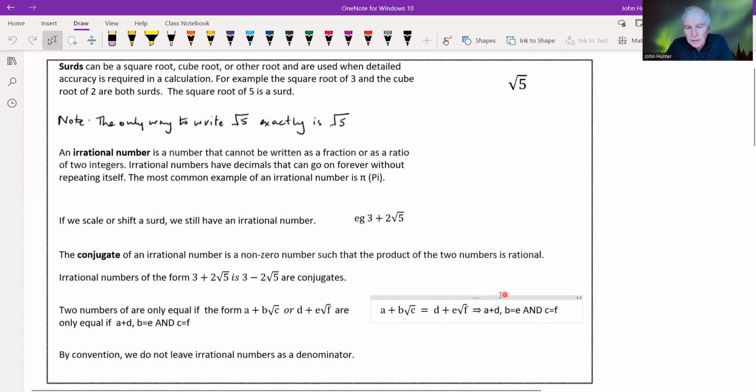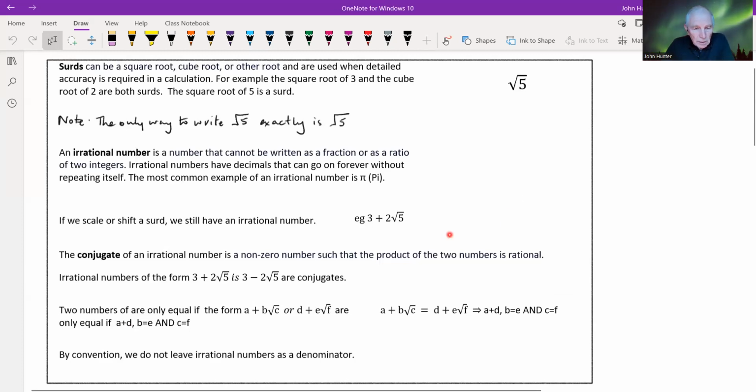Okay, so all those things have got to be true, which is actually quite useful when we're solving problems involving numbers of this form.